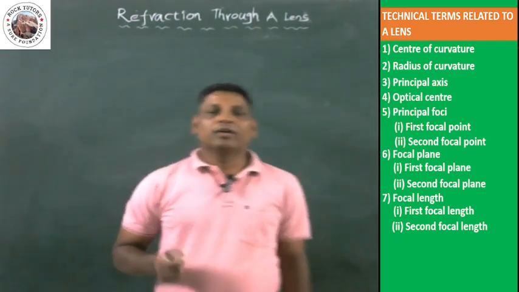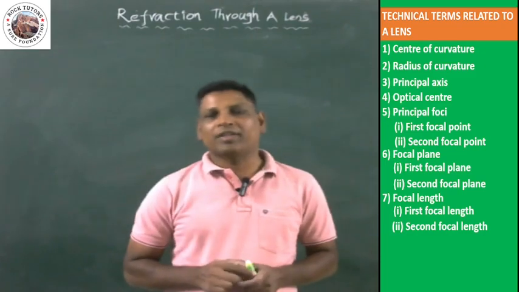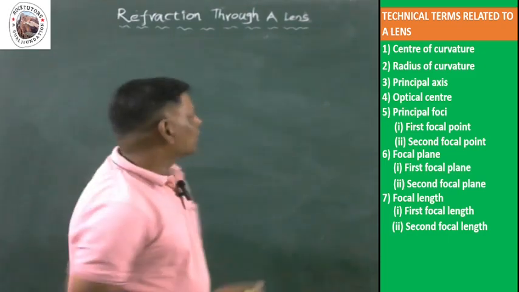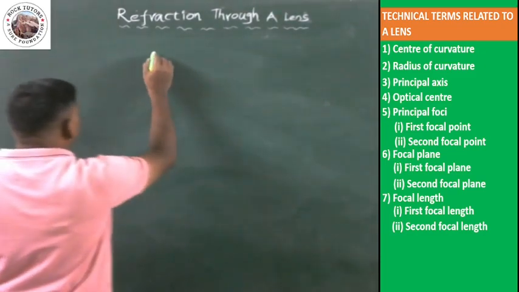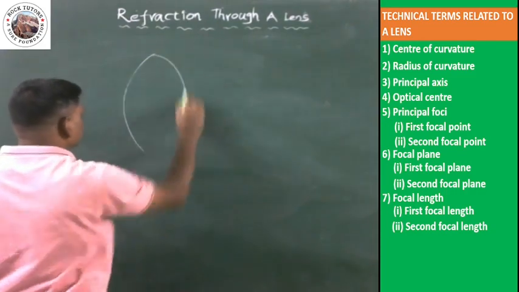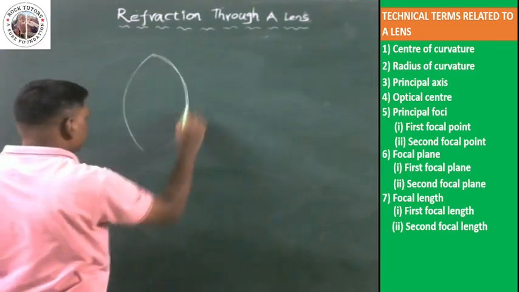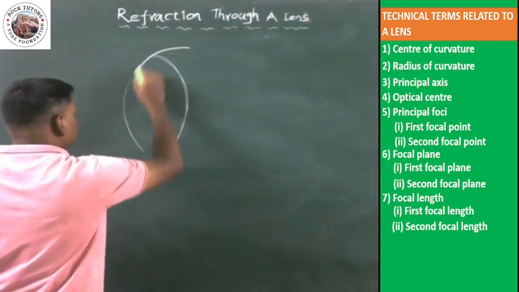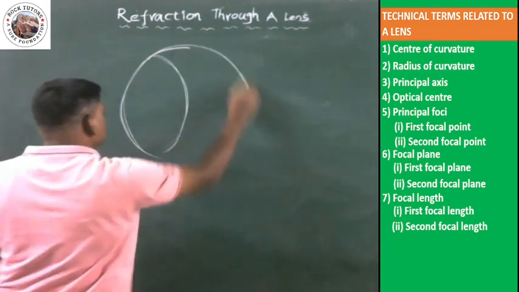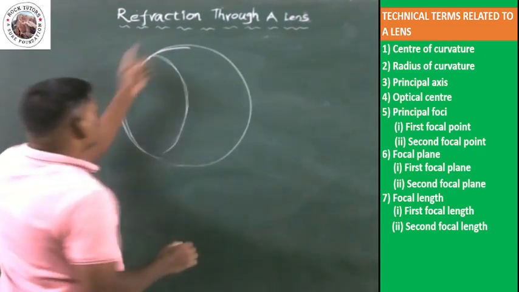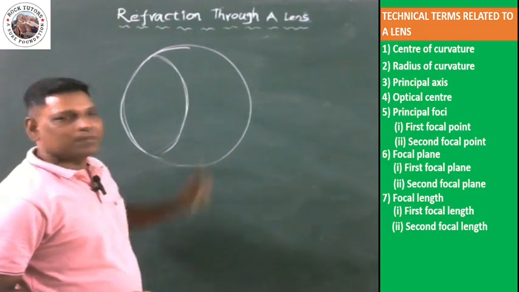Next, radius of curvature. This curve is a part of this sphere.